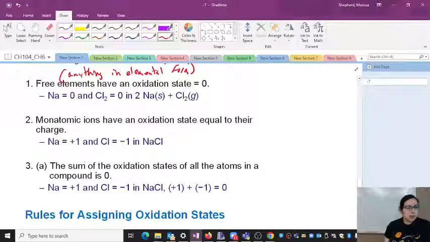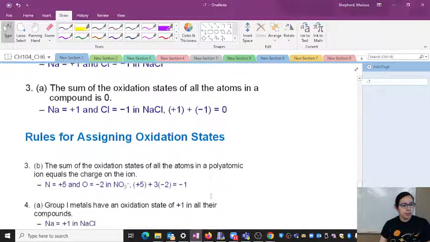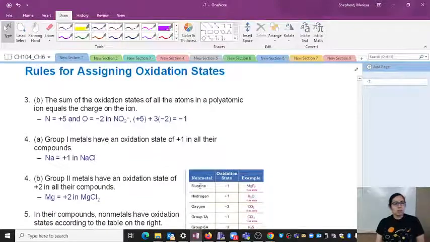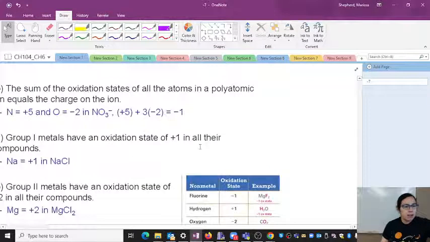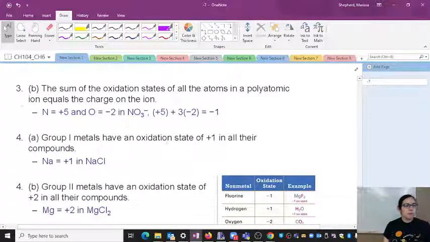And then, of course, just to double check yourself, the sum of the oxidation states of all the atoms in a compound is 0, or whatever that charge is equal to. Again, you already know how to do that. Sometimes we'll look at some oddities, for example, in polyatomic ions. So let's break this down a little bit further.